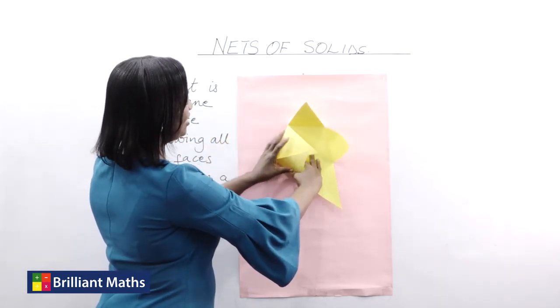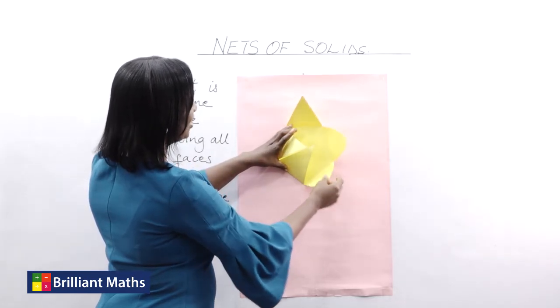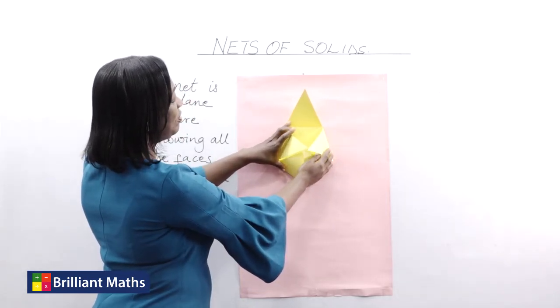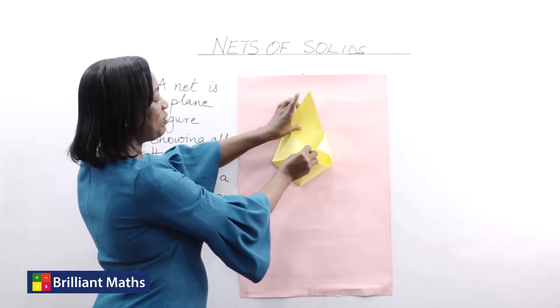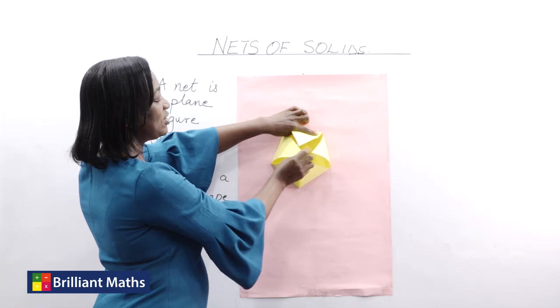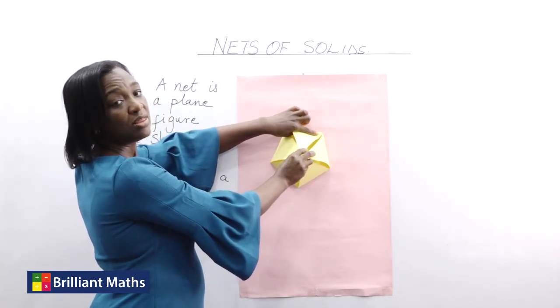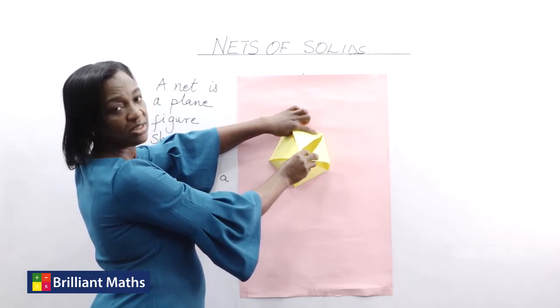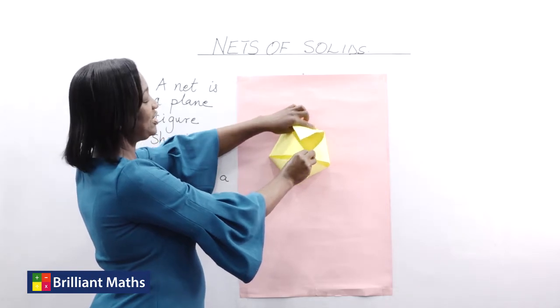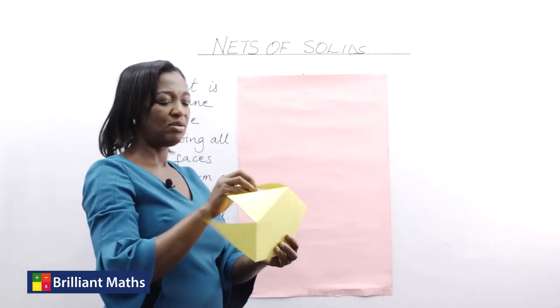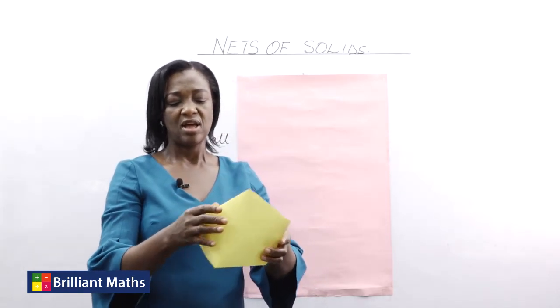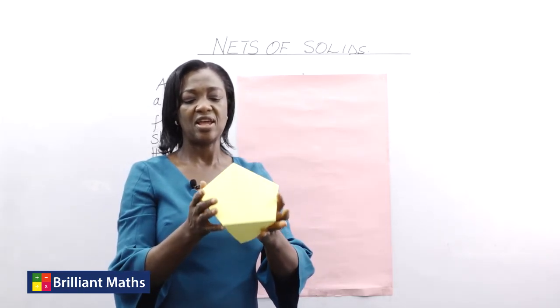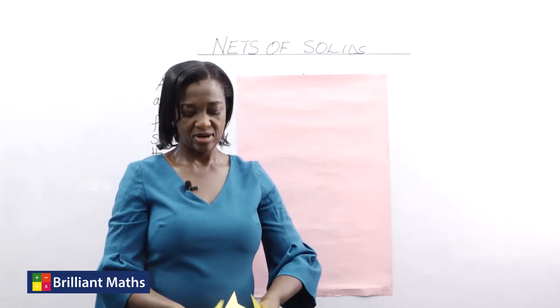So this is a net of a pentagonal pyramid. Remember that the pyramids and the prisms get their names from the shape of the base. So this is a pentagonal pyramid. The tips end with triangles, and then the base is a pentagon.